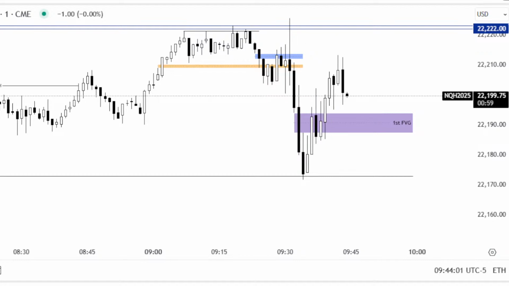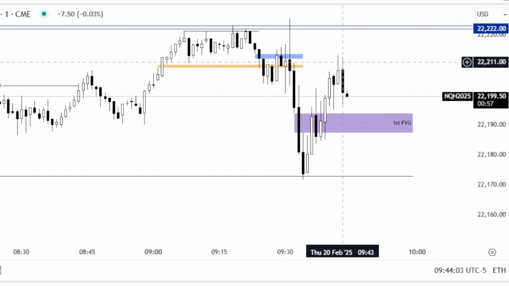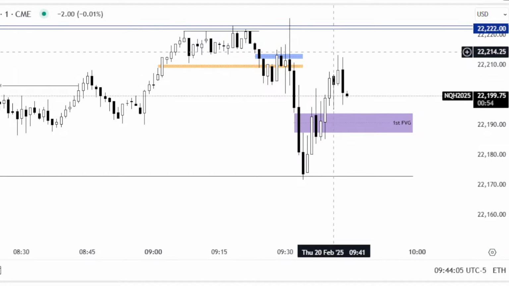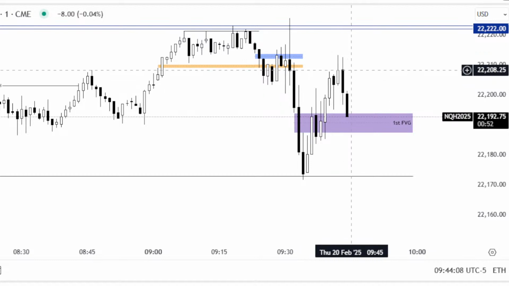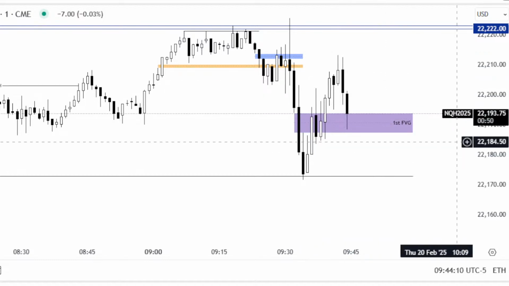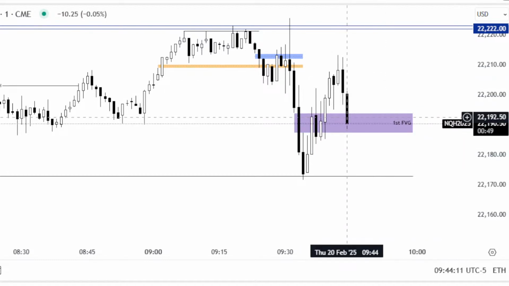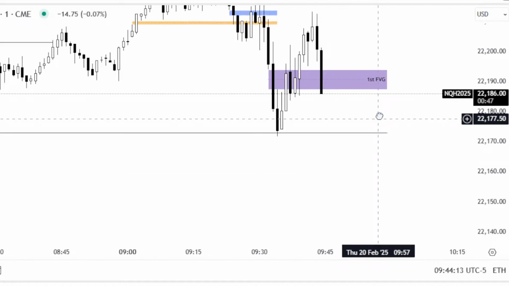Right, let's see what's. I mean, now this is another swing low, swing high, close below that. So now we might see a push down, but it all depends on this first fair value gap now.